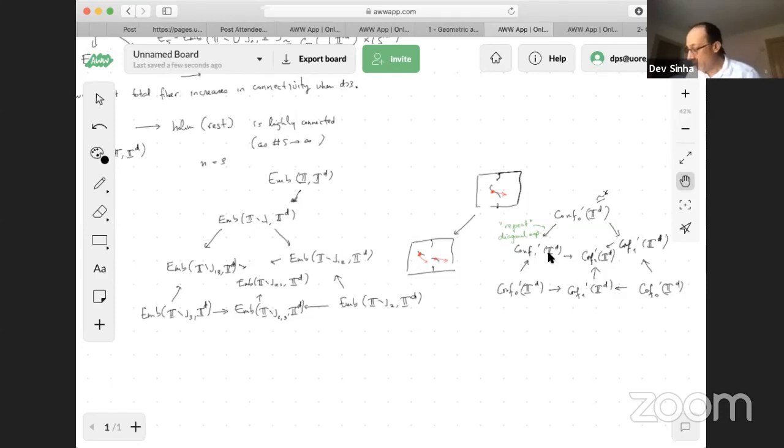Well, it doesn't mean anything, but the remarkable thing about these Fulton-McPherson compactifications is, so I'm going to replace all of these parentheses by angle bracket parentheses, that there are diagonal maps.